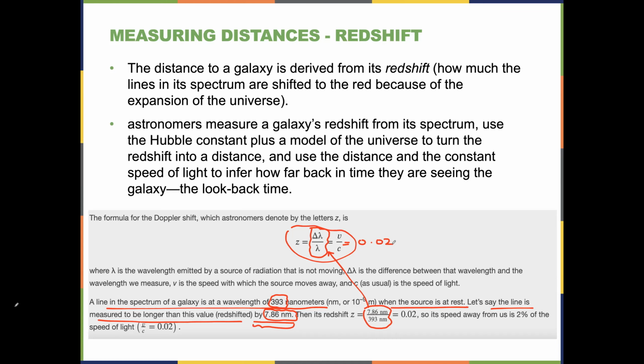What you are measuring is the spectrum of a particular galaxy, and you observe the amount that a particular line has shifted, especially the redshift. Then you find the amount of redshift, and you relate it to the velocity.